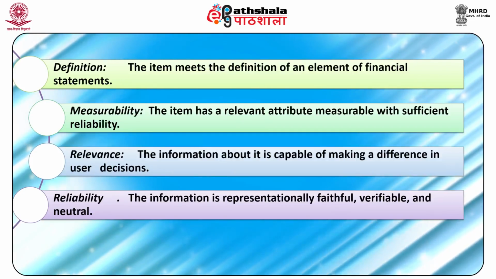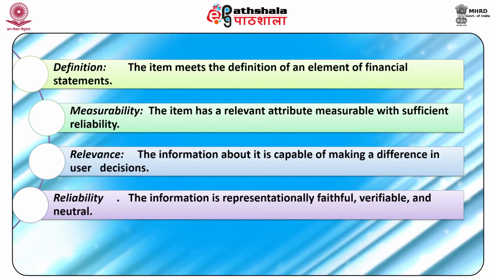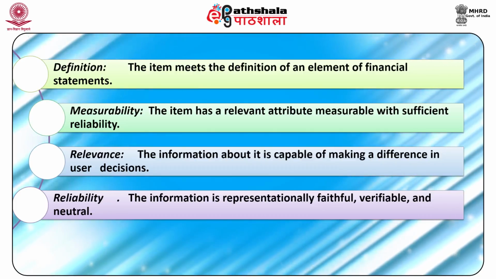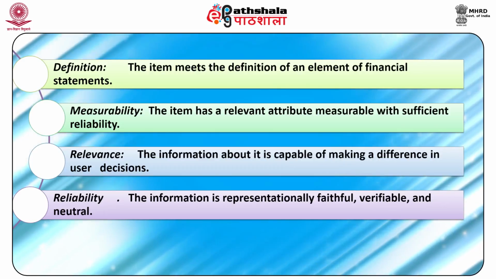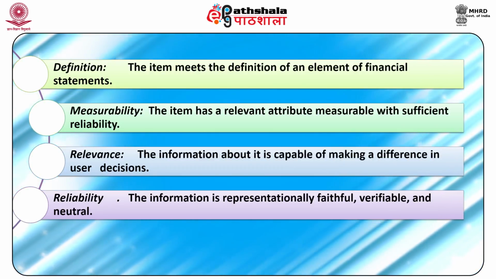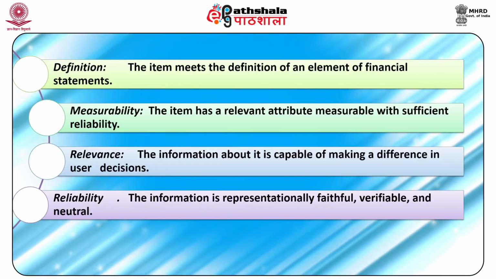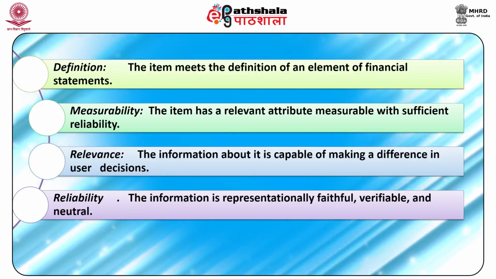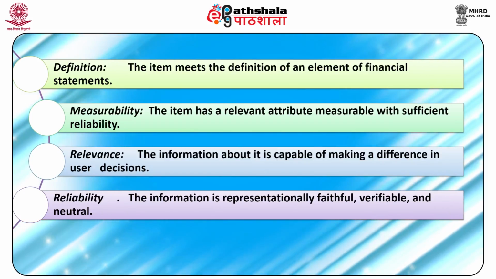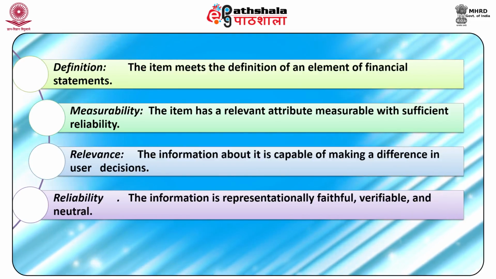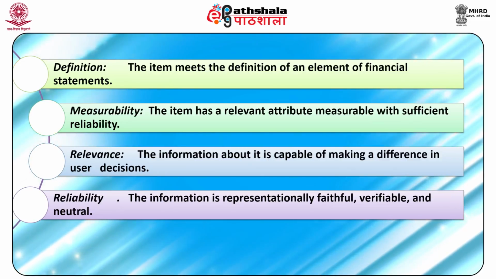Number 1, definition: the item meets the definition of an element of financial statements. 2, measurability: the item has a relevant attribute measurable with sufficient reliability. 3, relevance: the information about it is capable of making a difference in user decisions. 4, reliability: the information is representationally faithful, verifiable and neutral.